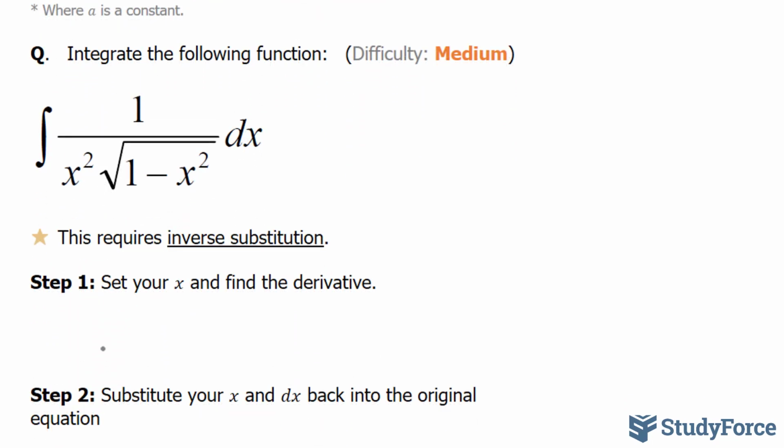In step 1, we are told to set our x value and then find the derivative. x is equal to 1 sine theta, and of course, we don't need to write this 1 down, that's redundant. Finding the derivative of this equation gives us dx is equal to cosine theta d theta.